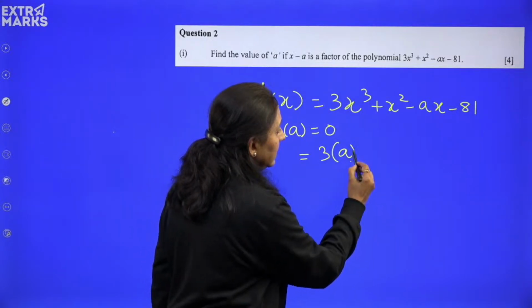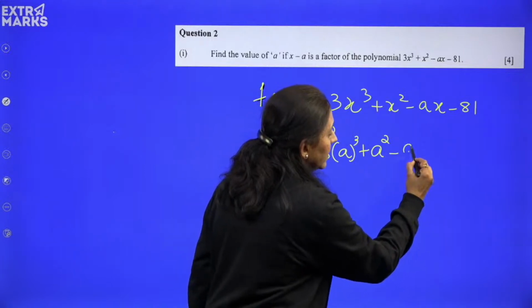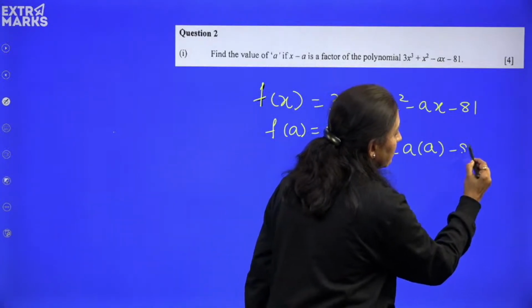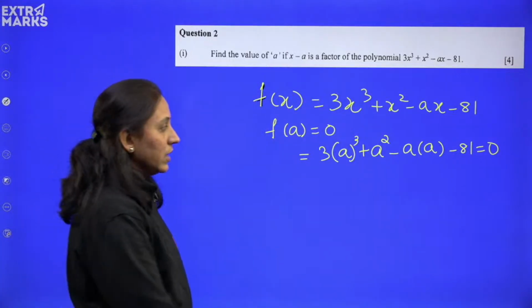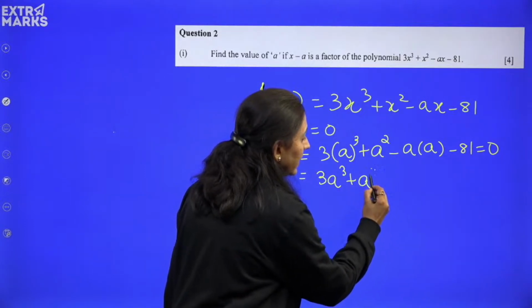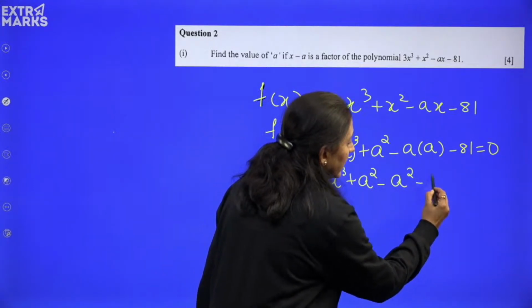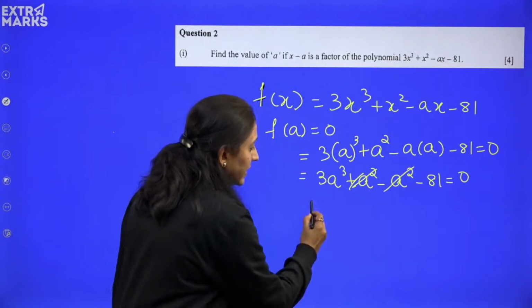So this is 3 into a cube plus a square minus a into a minus 81 is equal to 0. So this is 3a cube plus a square minus a square minus 81 is equal to 0. A square will get cancelled.